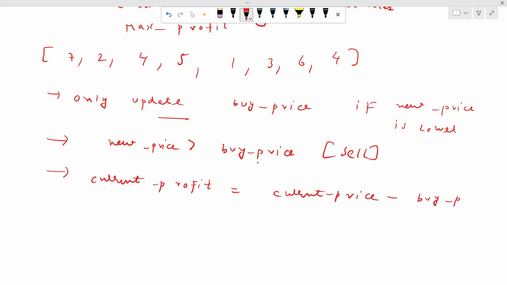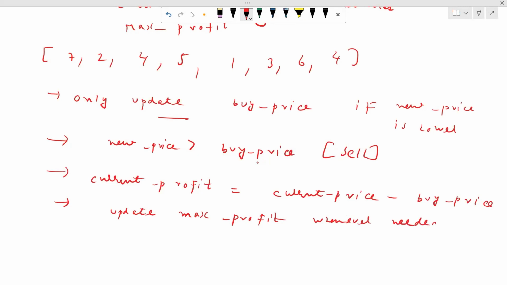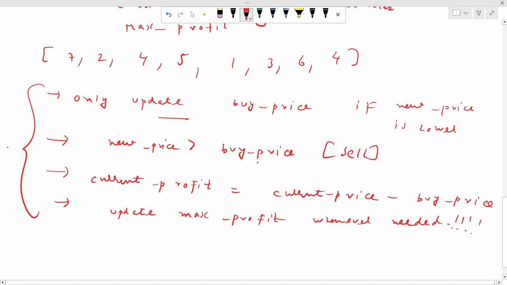And when our current profit is greater than max profit, then we are going to update our max profit. Update max profit whenever needed. We need to keep these four things in mind.